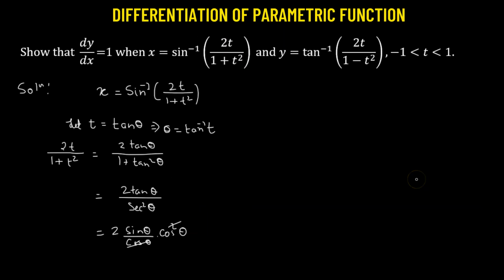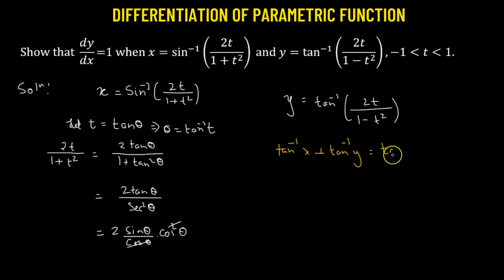For y, we have our function y is tangent inverse of 2t divided by 1 minus t squared. Here we're going to use the fact that whenever we have tangent inverse of x added to tangent inverse of y, this value is equal to tangent inverse of (x plus y) divided by 1 minus xy.